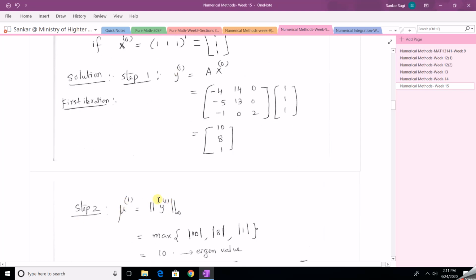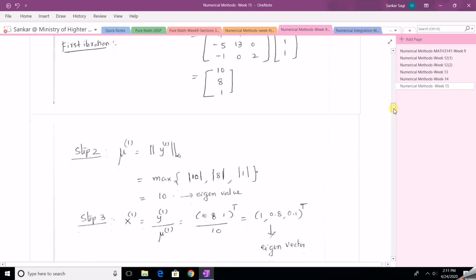Now we go to step 2. We find the L infinity norm of this vector y1. The L infinity norm of y1 is the maximum of the absolute values of 10, 8 and 1. So this is a column vector, and therefore the L infinity norm will be 10. So this is the eigenvalue in the first iteration, that is mu1. Now to get the eigenvector, x1 is equal to y1 over mu1.